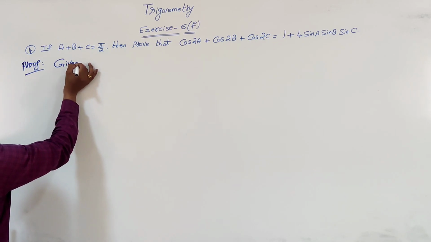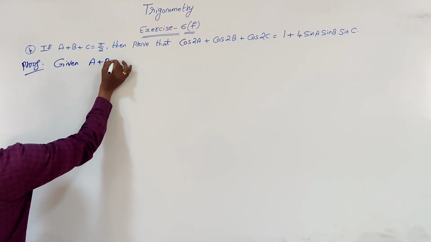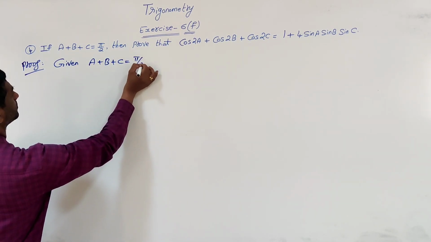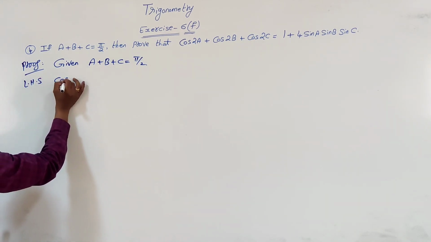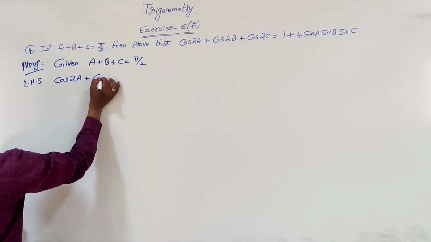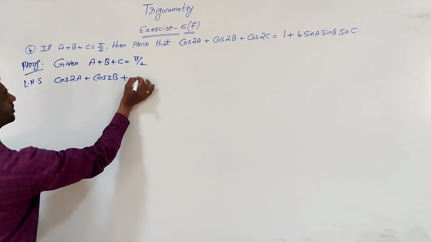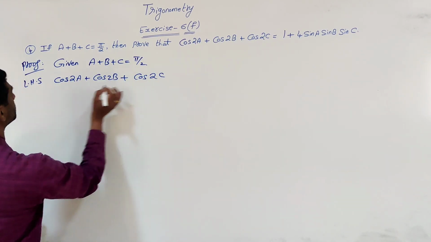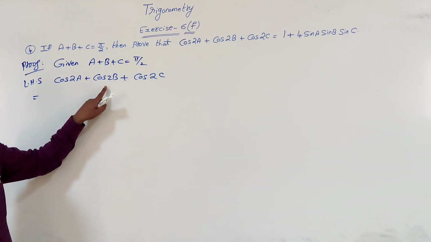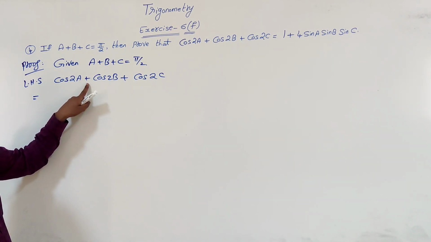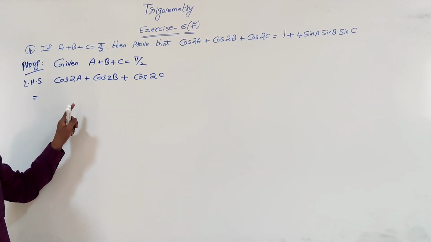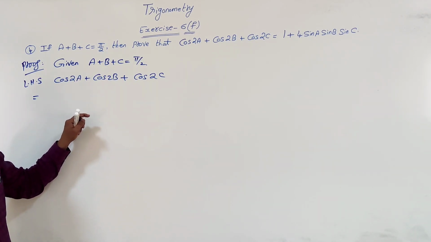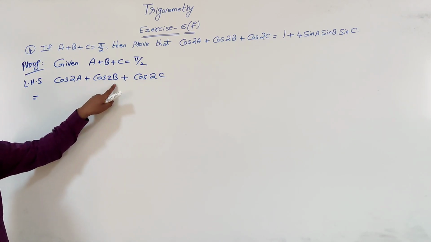Given A plus B plus C is equal to pi by 2, then LHS cos 2A plus cos 2B plus cos 2C. If you apply the transformation, as it is the sum of the trigonometric ratio, we can transform to the product 2 cos C plus D by 2 cos C minus D by 2, where C is 2A and D is 2B.